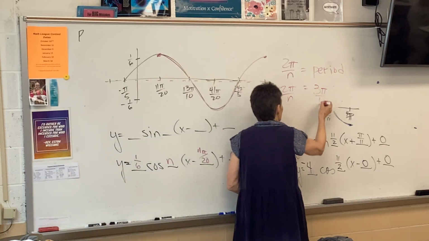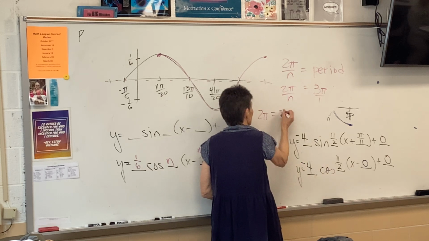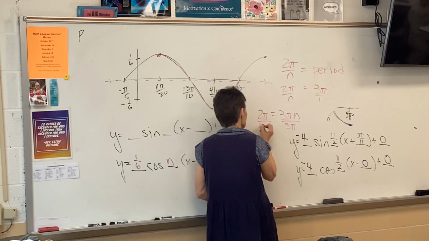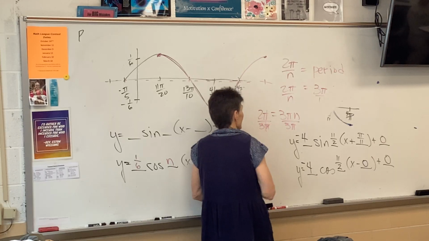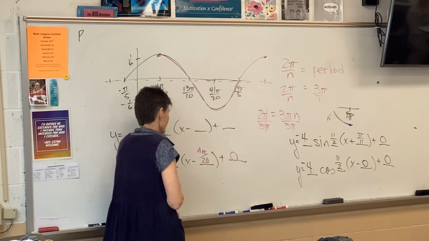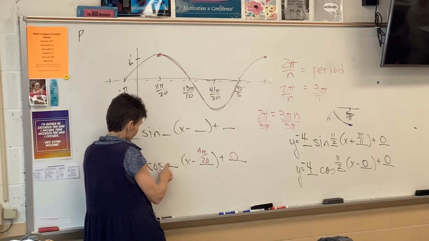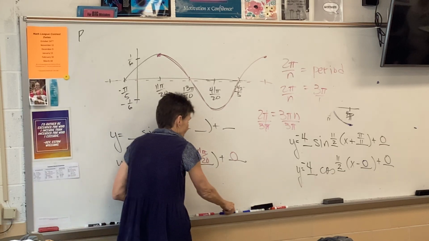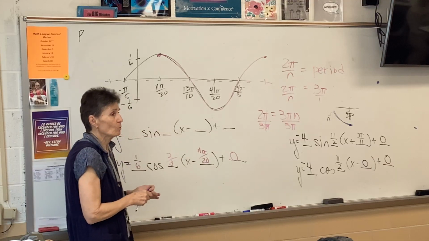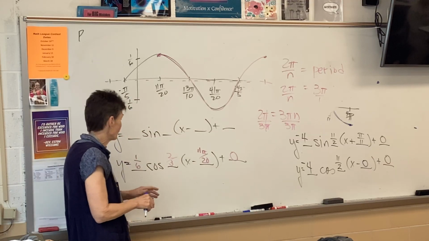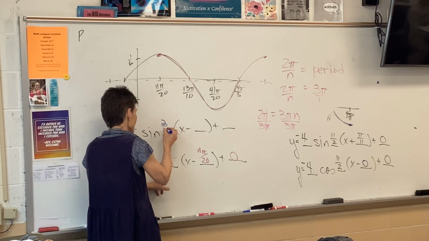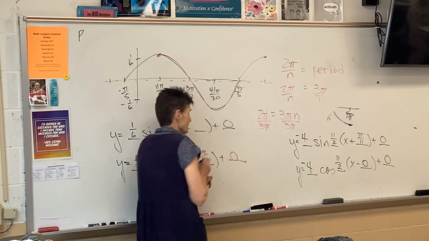So 2 pi equals 3 pi n. It looks like this time that number is 2/3. So now when I do my sine curve, this is still gonna be 1/6, this is still gonna be 2/3, and this is still gonna be 0.